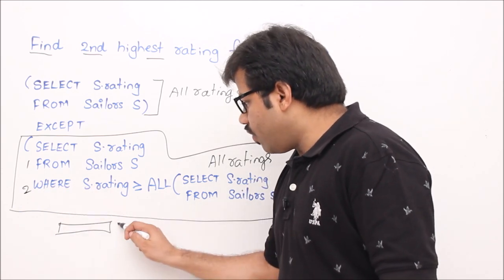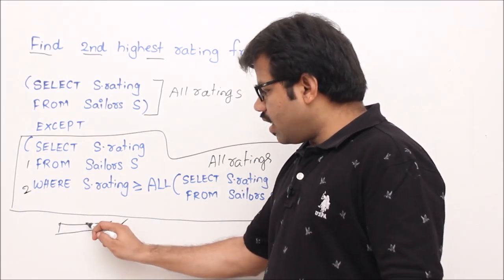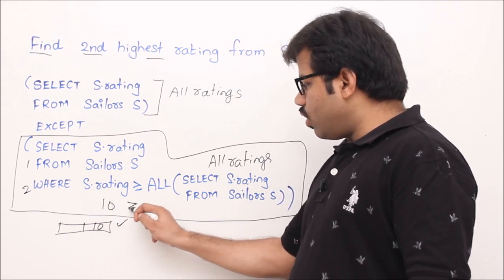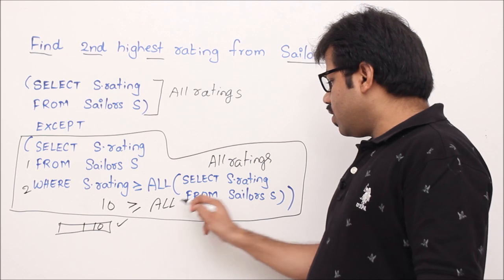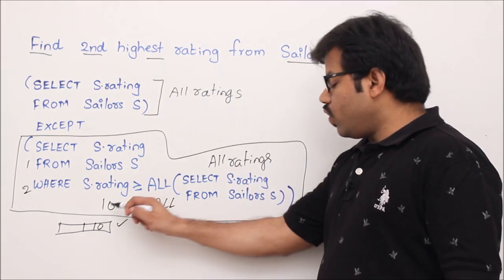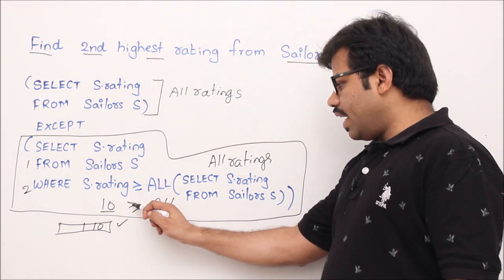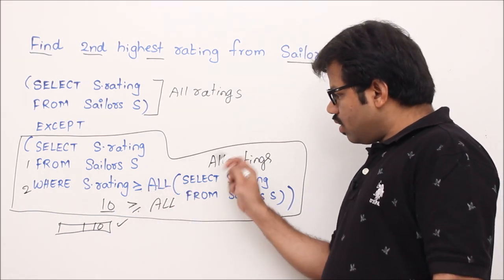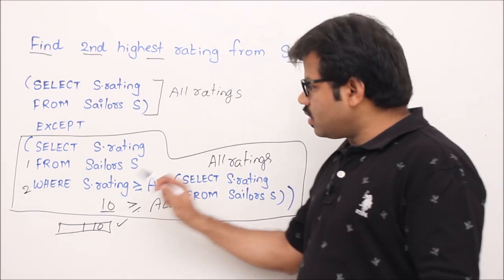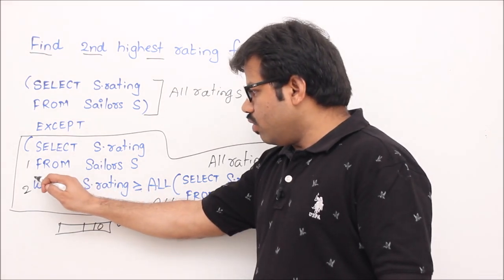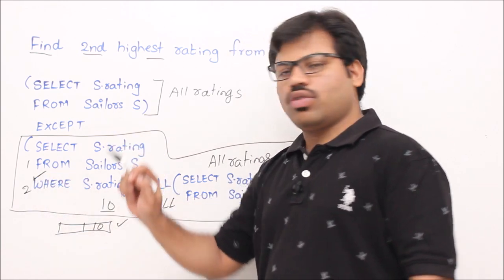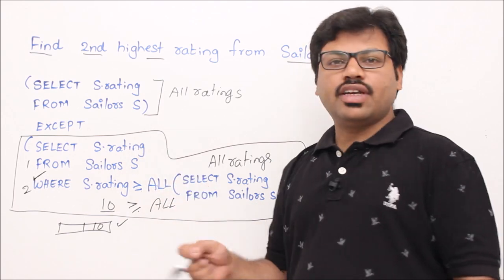For example, while evaluating the first tuple, if S.rating is, let's say, 10, and if that 10 is greater than or equal to all the ratings, that is definitely the highest rating. So only such a rating will evaluate this where condition to true, and we print the corresponding rating.